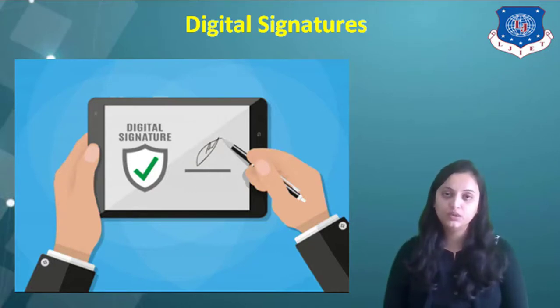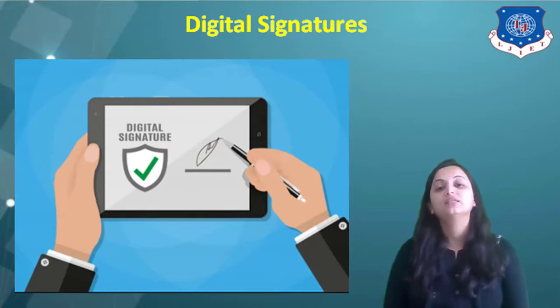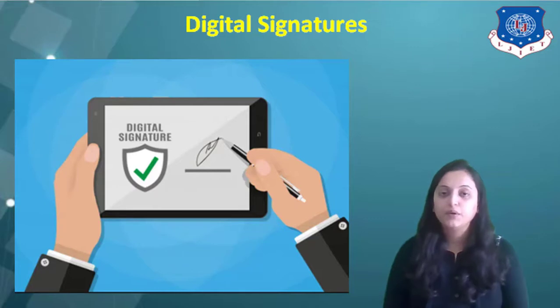You just have to send it to the desired party or person. So it takes much less time compared to the physical transmission of documents. And with technological advancement, there are so many ways that provide authentication of documents in a highly secured and highly trusted manner.